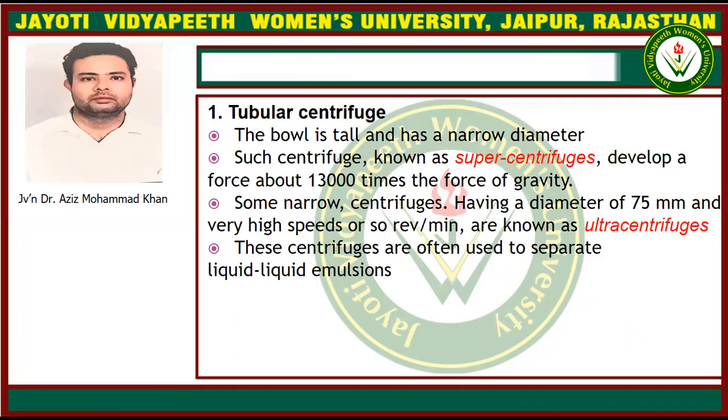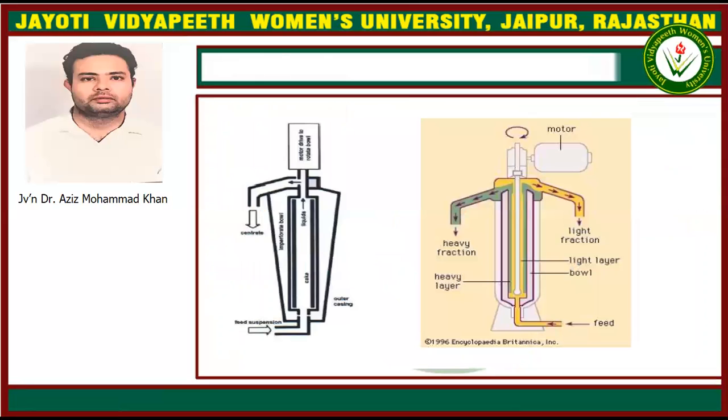Most of these types of centrifuges are used for the separation of liquid from liquid. This is the tubular centrifuge in which we add the samples here, and this is the motor which is rotated.